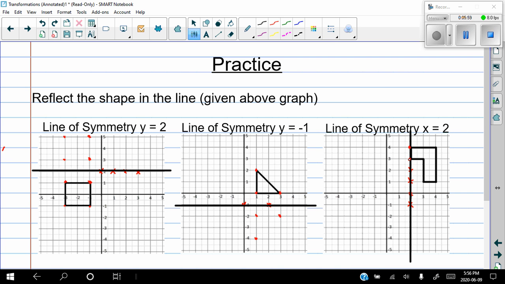So we would actually call this invariant. I'll give you a little definition up here. A point is invariant if its position does not move, if it does not change.